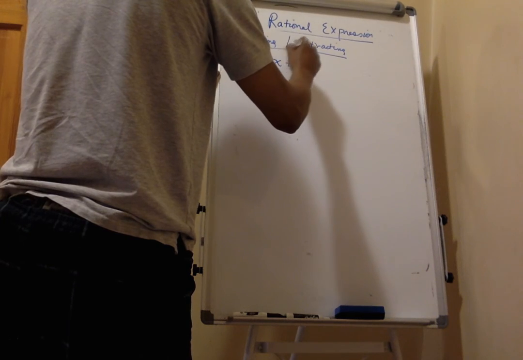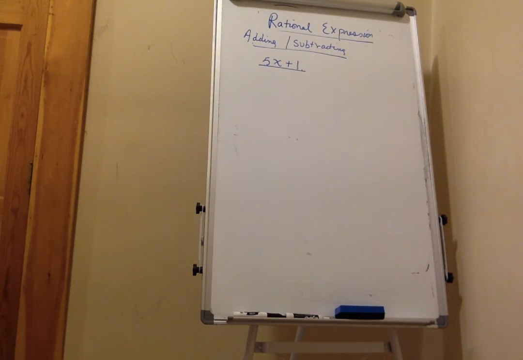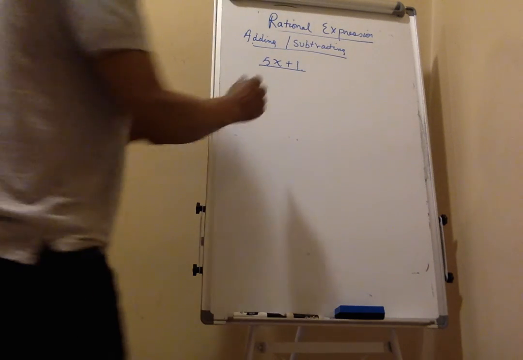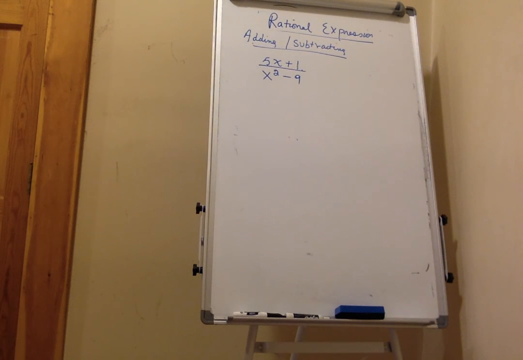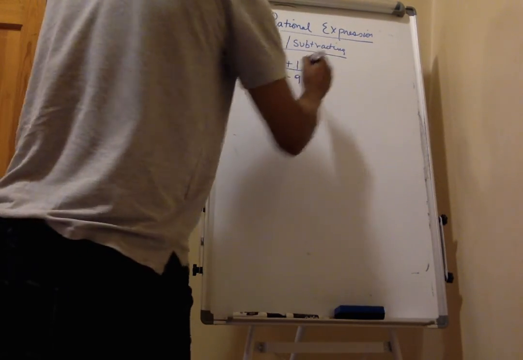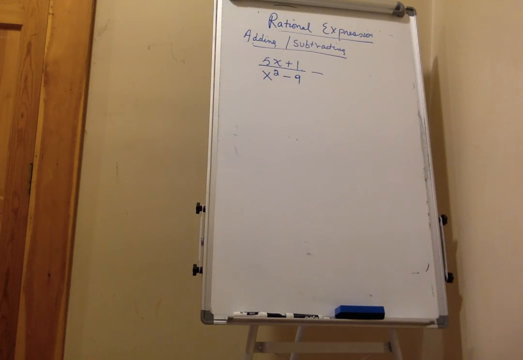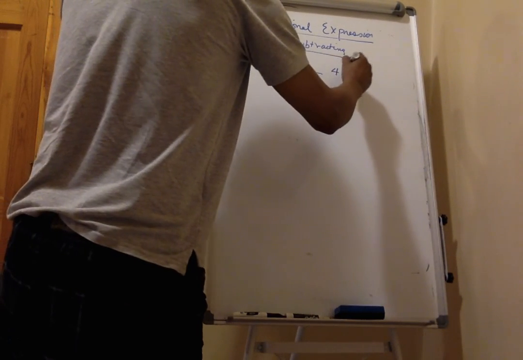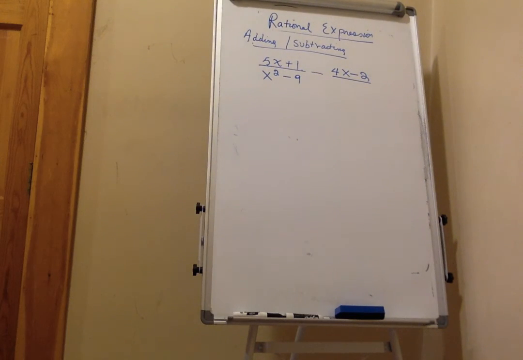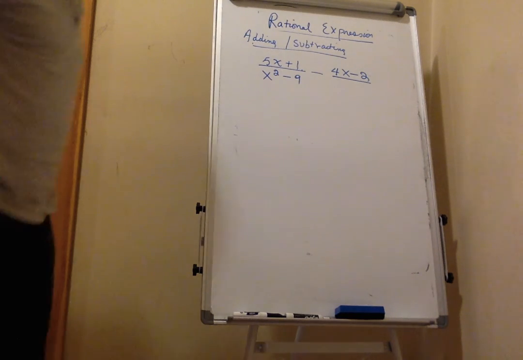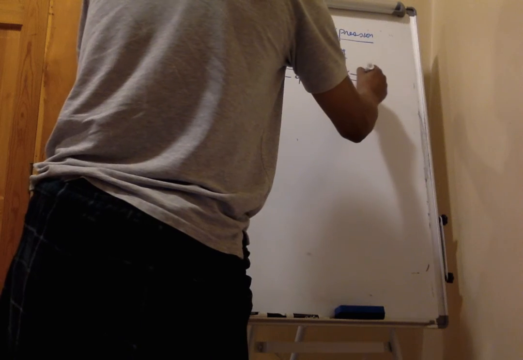You have 5x plus 1 over x squared minus 9 minus 4x minus 2 over x squared minus 9. Okay.